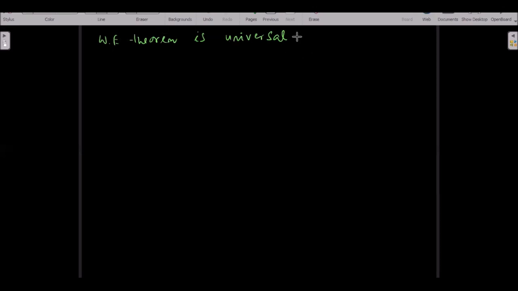Because it is applicable everywhere. In all the possible portions of physics we can apply this, except few things in quantum physics, which we'll learn later. This is not of importance as of now, but work energy theorem is universally applicable in every single branch and portion of physics. Okay, so it is very important actually.